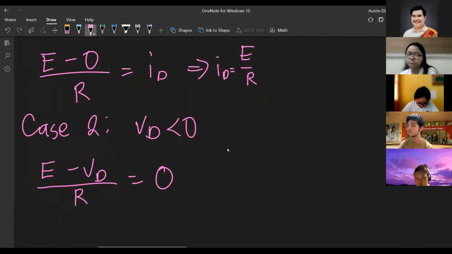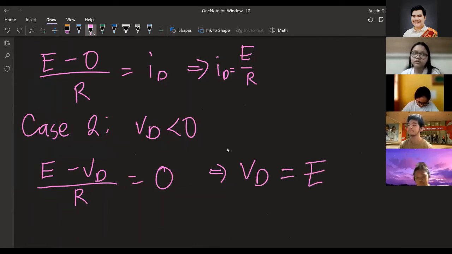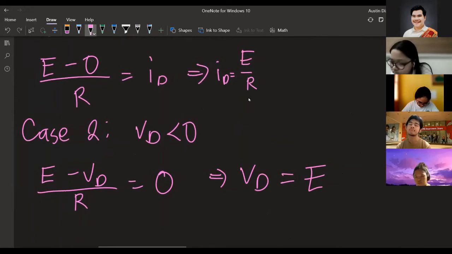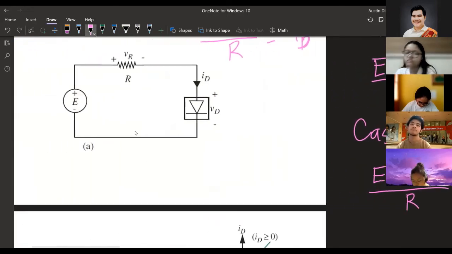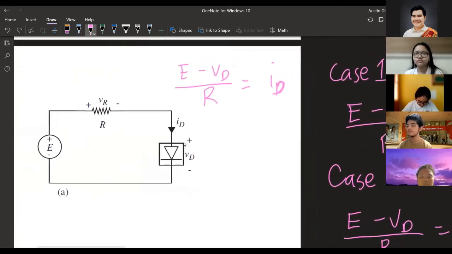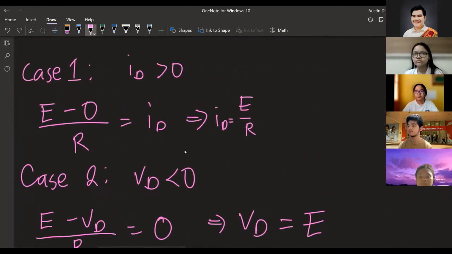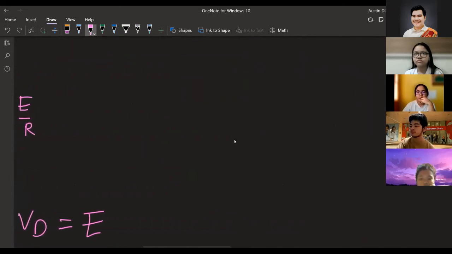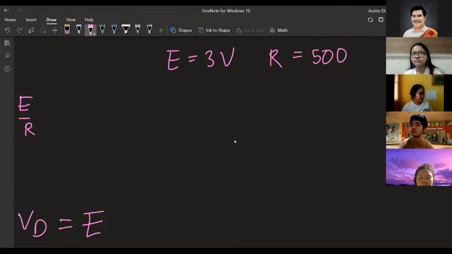Ang mangyayari, yung solve ko yung VD, we have this part. Okay, so you have two simplified equations for your two ideal diode cases. Okay? And then let's try may numerical example. Paano kapag E equals to 3 volts and then you have your R to be 500 ohms.